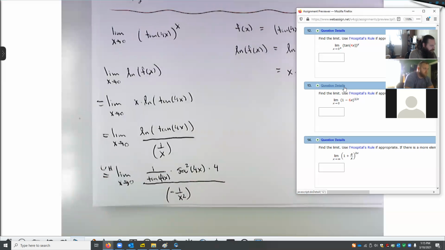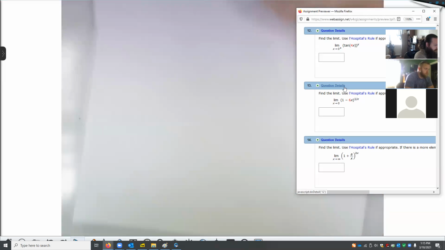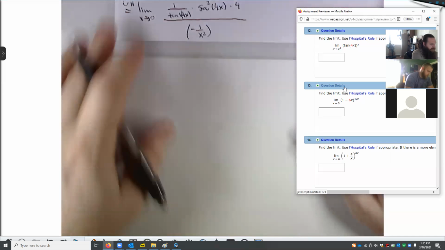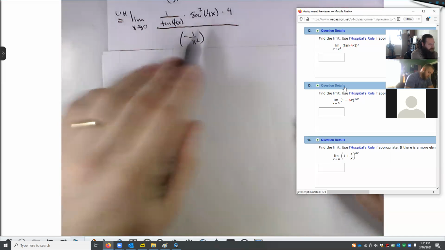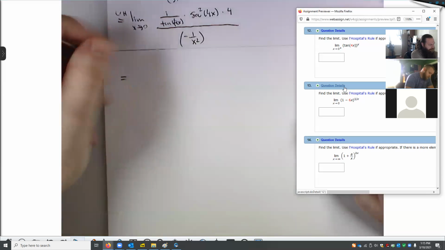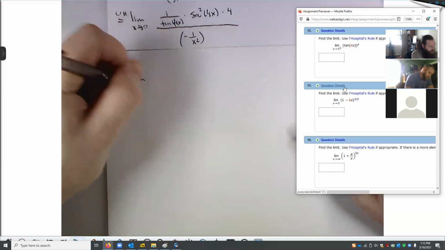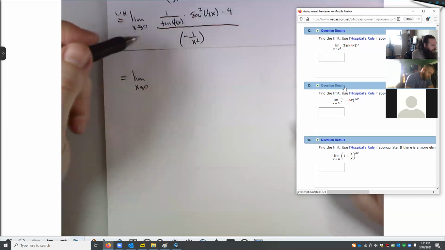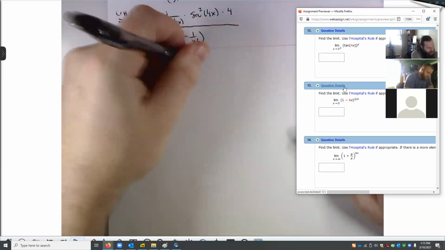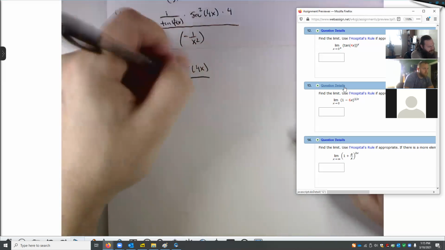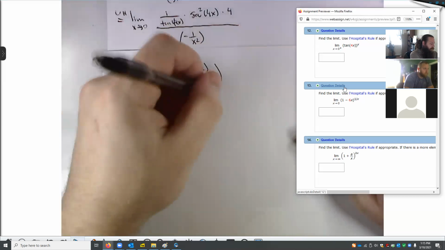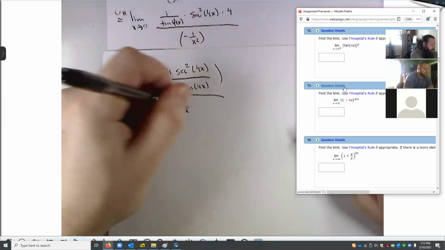Yep. All right, so then I'll continue this. Even though it's true that we need a second run of L'Hopital's rule here, it's wise to take a second and ask ourselves what's going on as I send x to 0 in this expression. In other words, can I clean things up at all? So if I try to clean this up, the limit as x goes to 0, upstairs I have 4 secant squared 4x divided by tangent of 4x, and downstairs I have negative 1 over x squared.